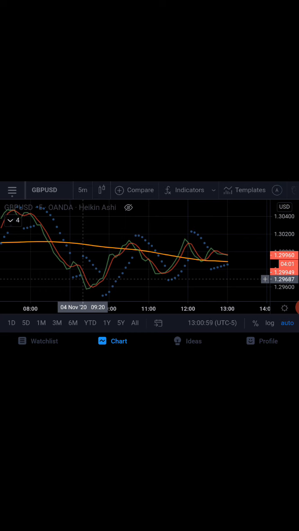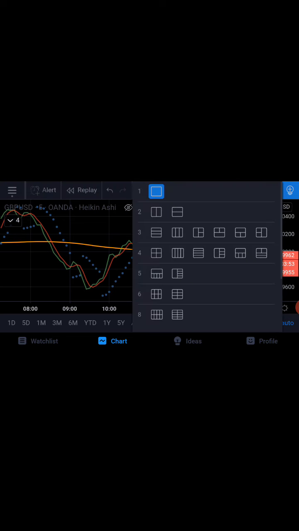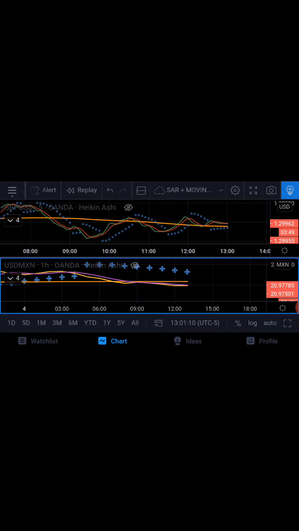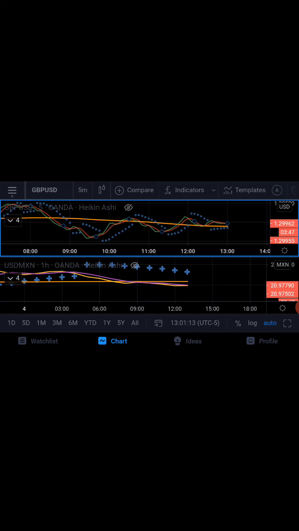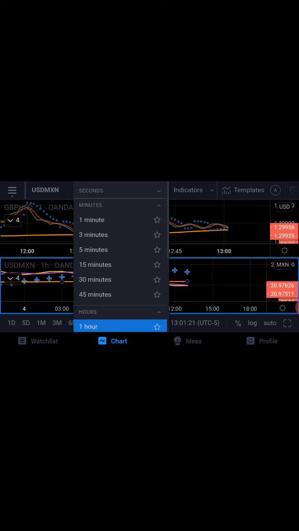Now the reason that I say this chart here is accurate is because, all right, give me a quick moment here. I want to switch this to the 1 minute, and I want to switch this to the 5 minute.